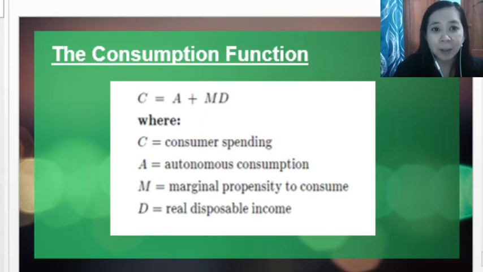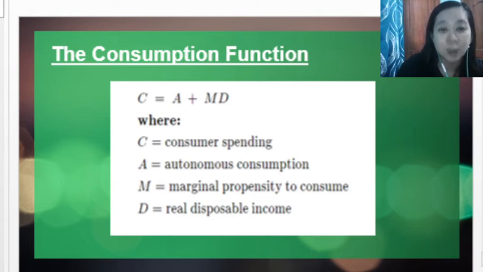The A variable stands for autonomous consumption. What do we mean by autonomous consumption? Autonomous consumption is basically the expenditures that consumers must make even when they have no disposable income.